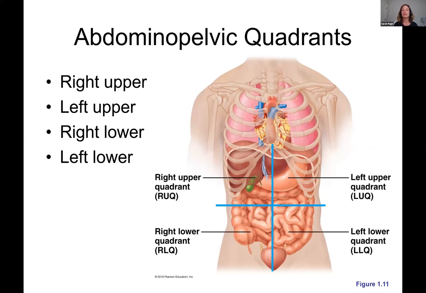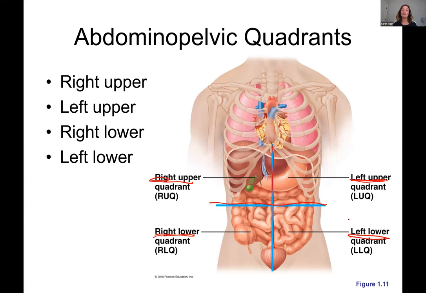Another way that we can break up the abdominopelvic area is instead of doing 9 separate regions, we do 4 quadrants. And the 4 quadrants are super easy. You just basically draw a cross on the abdomen right through the belly button. And we have a right upper, a left upper, a right lower, and a left lower quadrant.